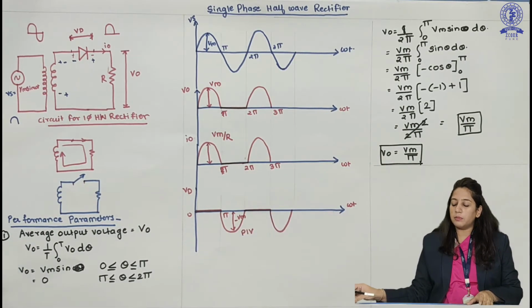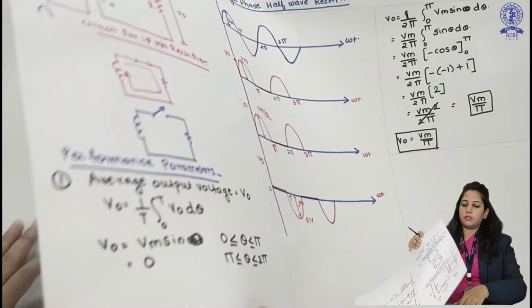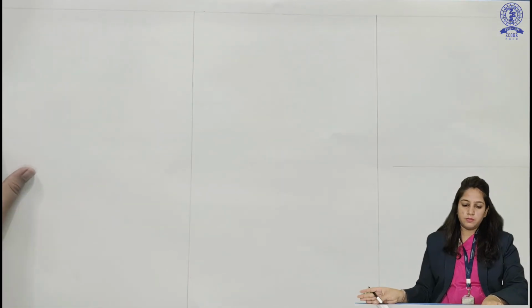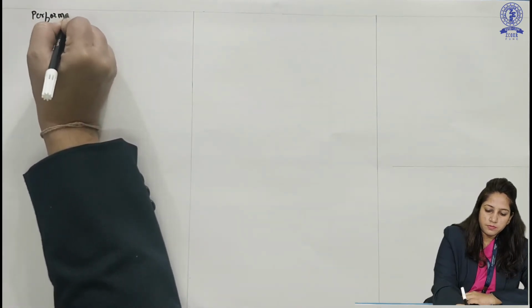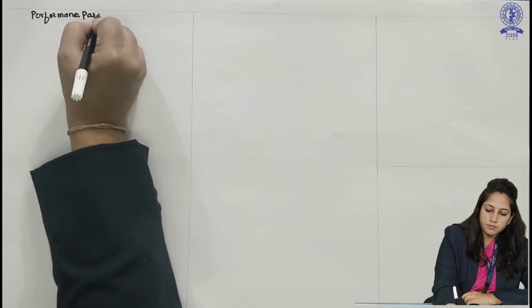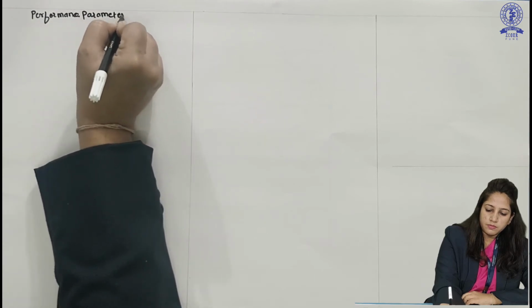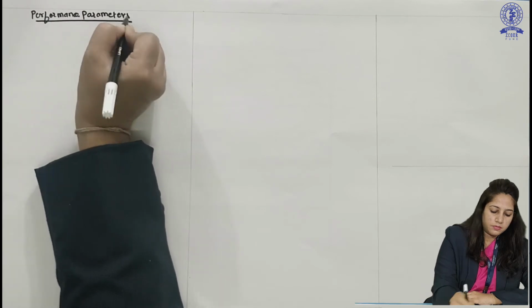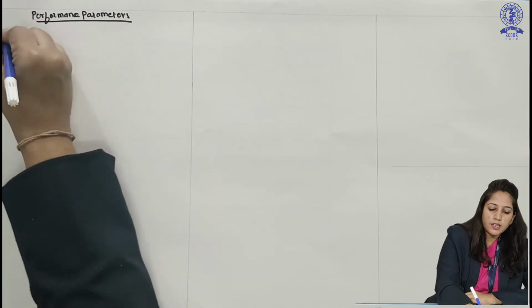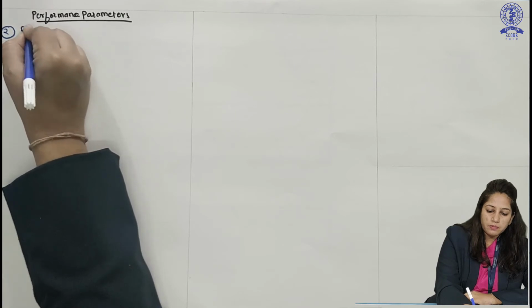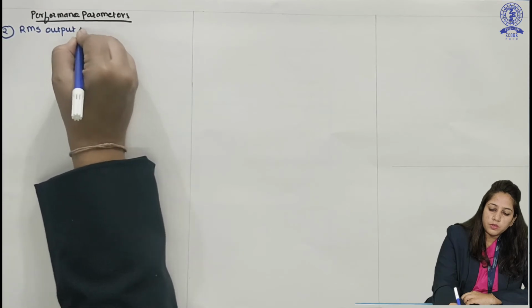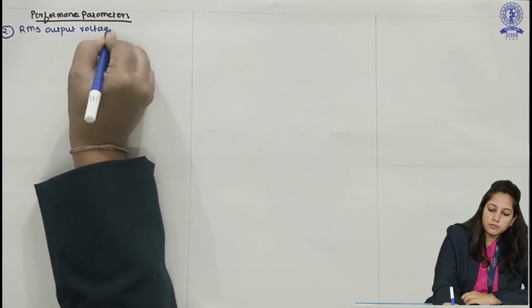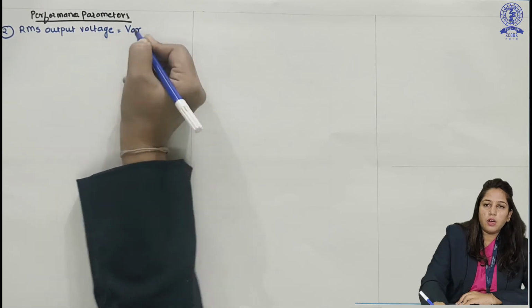So we will see the second quantity, the RMS output voltage, which is indicated by VOR.